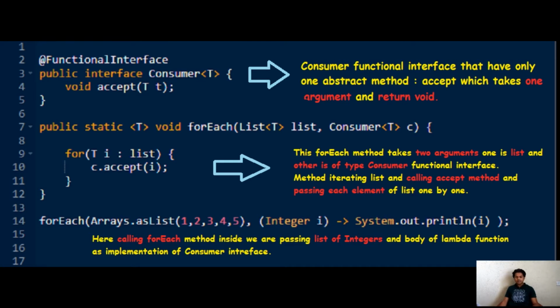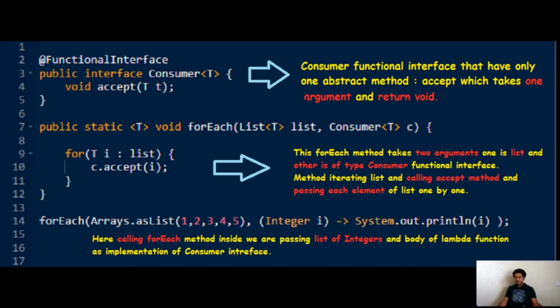If you go to line number 14, here we are calling this forEach method and passing the arguments. The first argument is a list of integers, and we are passing the definition of this Consumer interface.